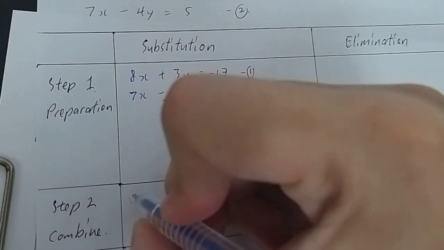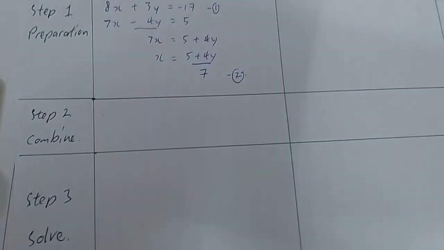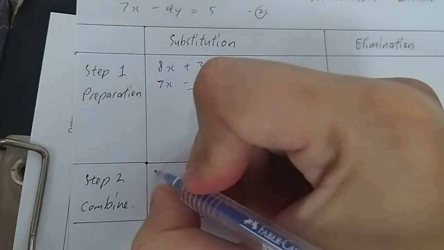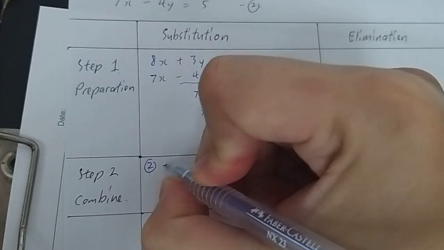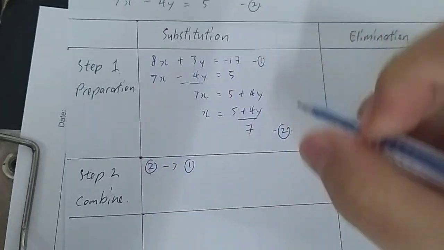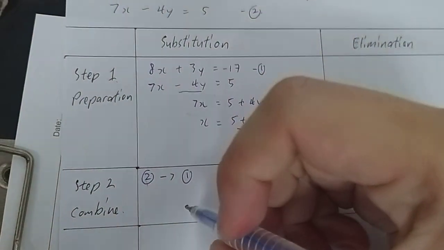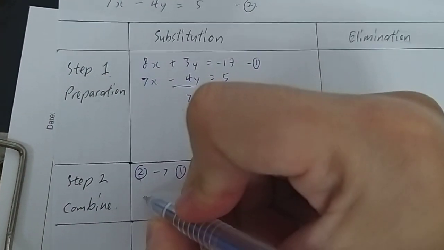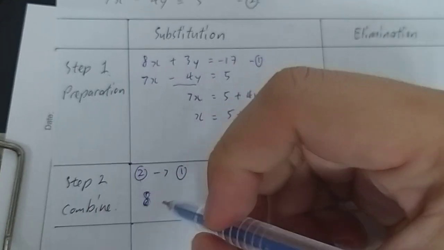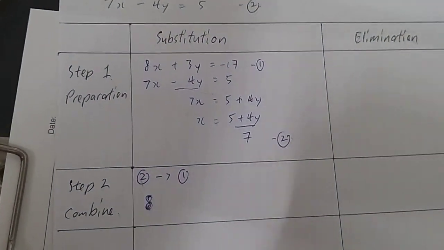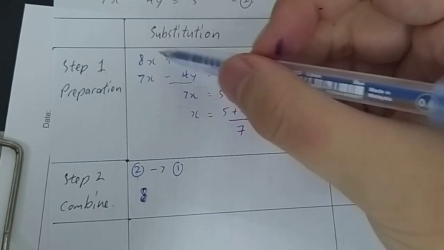Next we need to combine equation 2 and equation 1. In the substitution method, equation 2 we put inside equation 1, because it's already nicely done for you. So we have 8, and then the x.